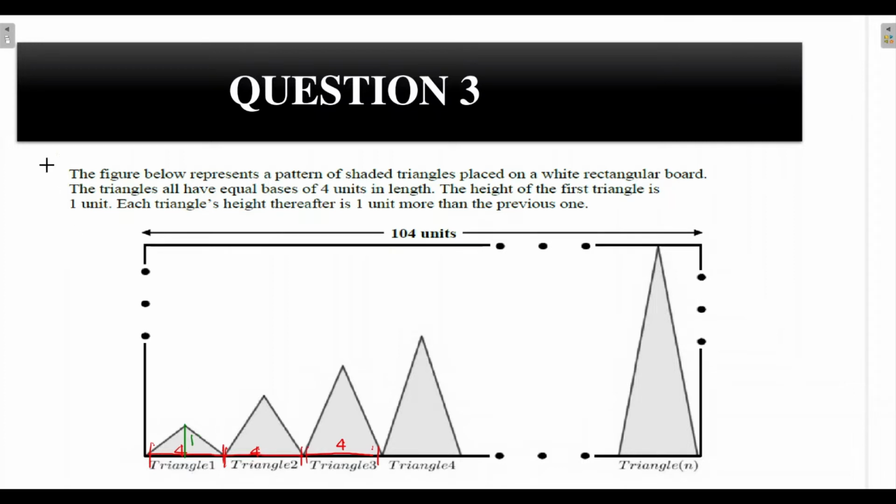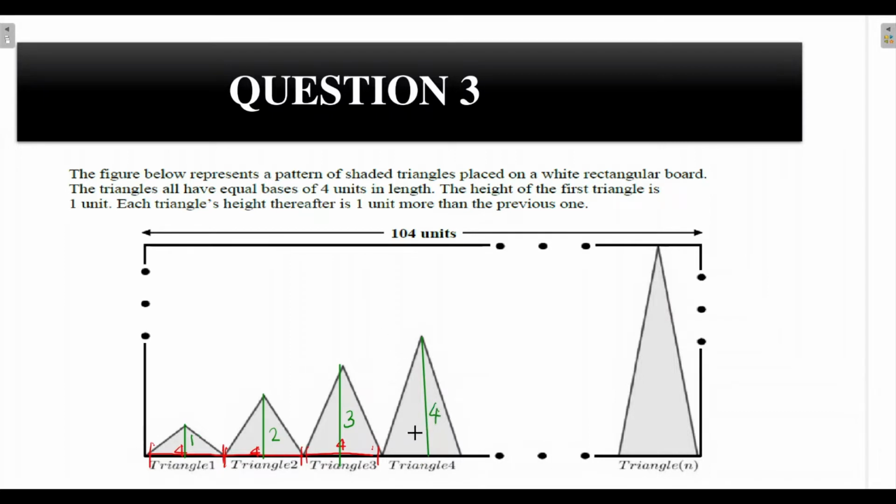For triangle 2, it needs to be 1 unit more than triangle 1, which is going to be 2. Triangle 3 needs to be 1 unit more than triangle 2, which is going to be 3. And triangle 4 needs to be 1 unit more than triangle 3, so it's going to be 4.